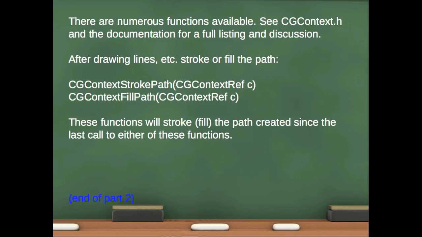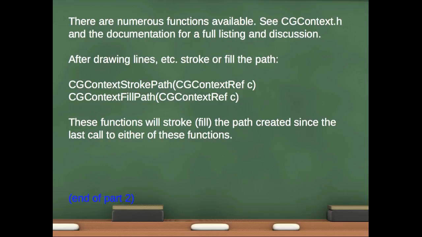But after we draw the lines, the rectangles, the ellipses, the arcs, the Bezier curves, the whole bit, after we draw whatever we're going to be drawing, we can stroke or fill the path that we just drew by calling one of these two functions, the stroke path with the context or the fill path with the context. We can also fill in one color and stroke in another, depending on the values of CGContextSetRGBFillColor and CGContextSetRGBStrokeColor that we talked about before.